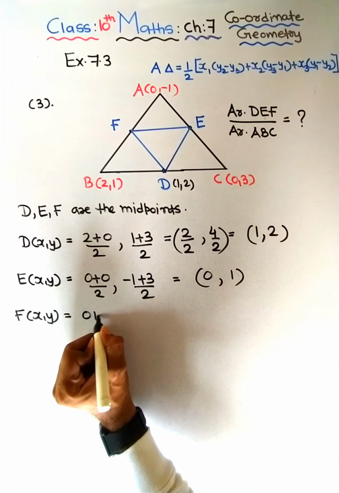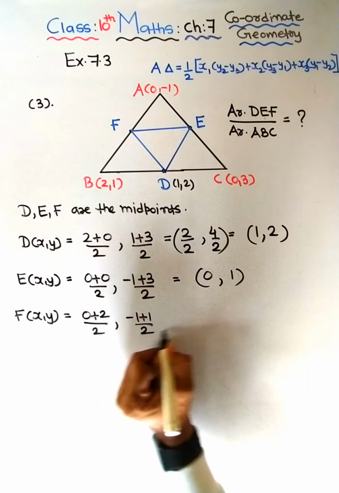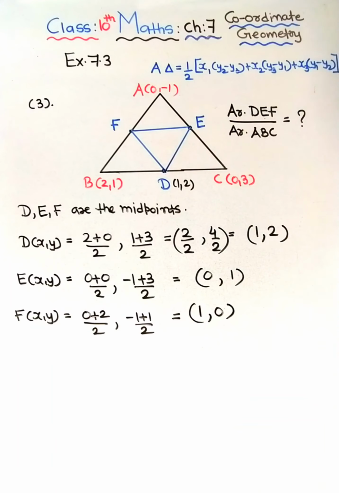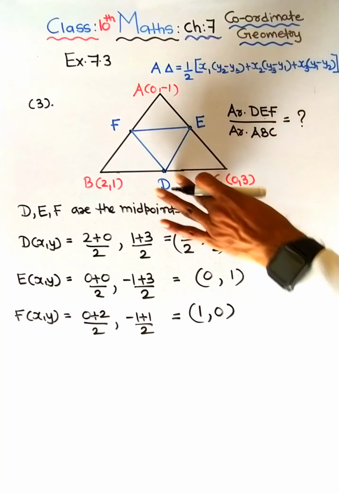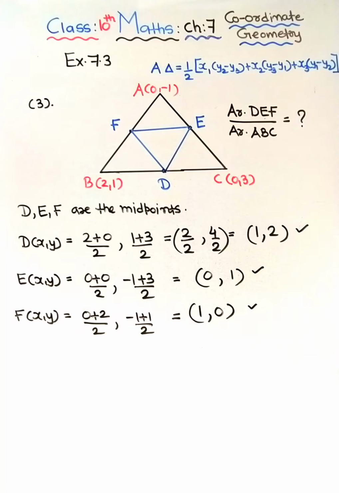So it is 0 plus 2 by 2 and minus 1 plus 1 by 2. That means it is 1, 0. Right? So we have got all the three coordinates over here. You can see D, E and F. So now let us find the areas of both the triangles, and then we will do the ratio.